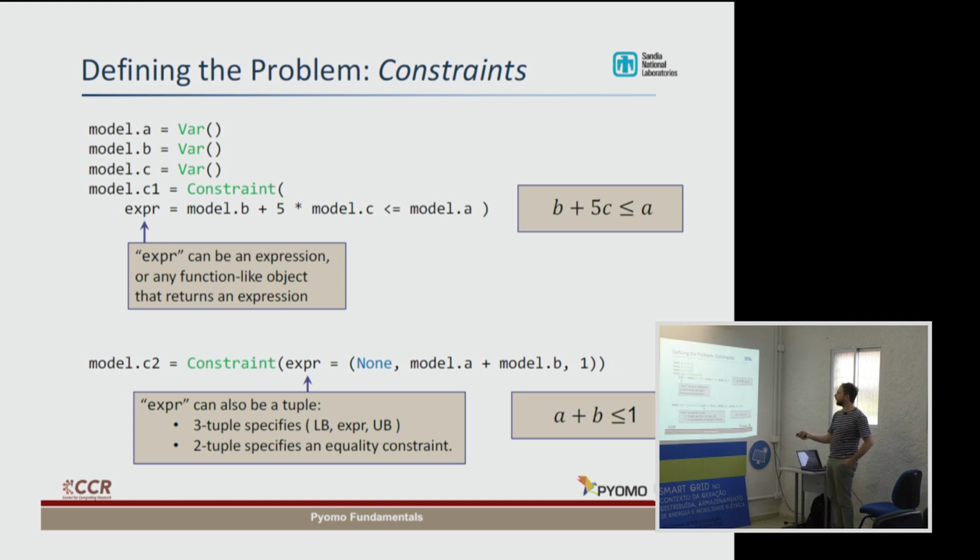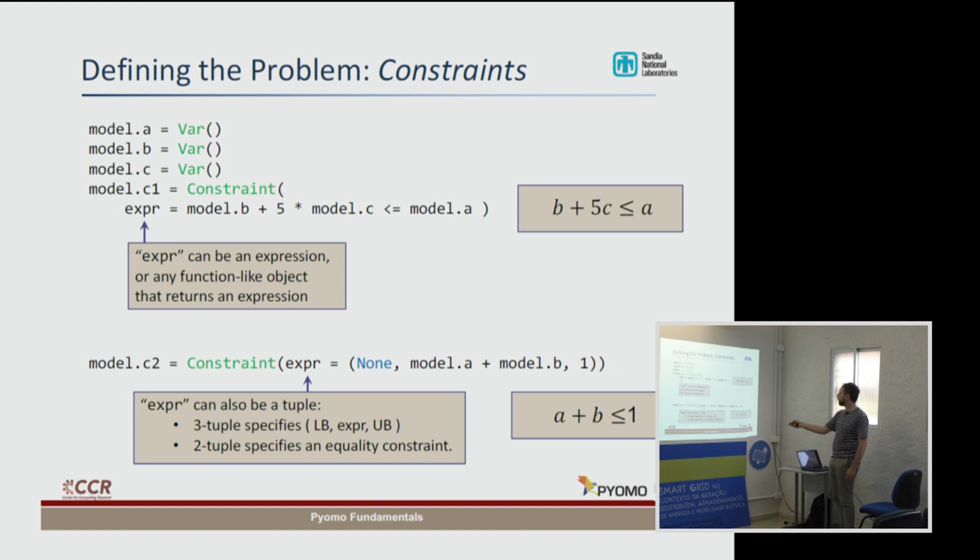Another example of a constraint is defining an expression as a tuple. What is a tuple? It's brackets, objects, and commas like that. So here, basically, it's at the same time two constraints.